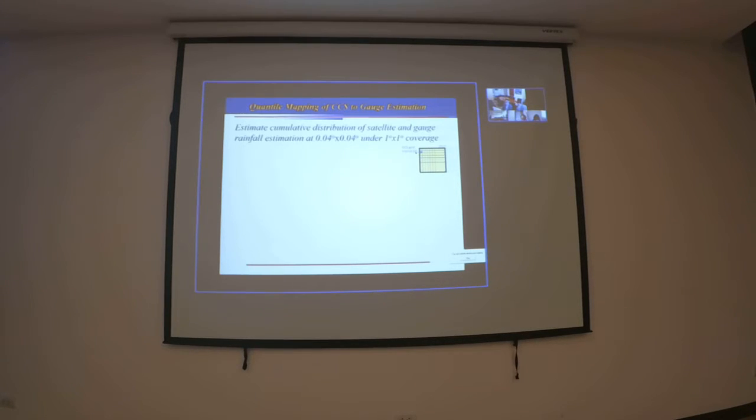And then gauges are spread all around, so gauge observations are distributed over the region. We now collect the samples with a concurrent sample of 0.04 degree CCS grid with gauge. Those samples are collected over this particular 1 degree by 1 degree box area.